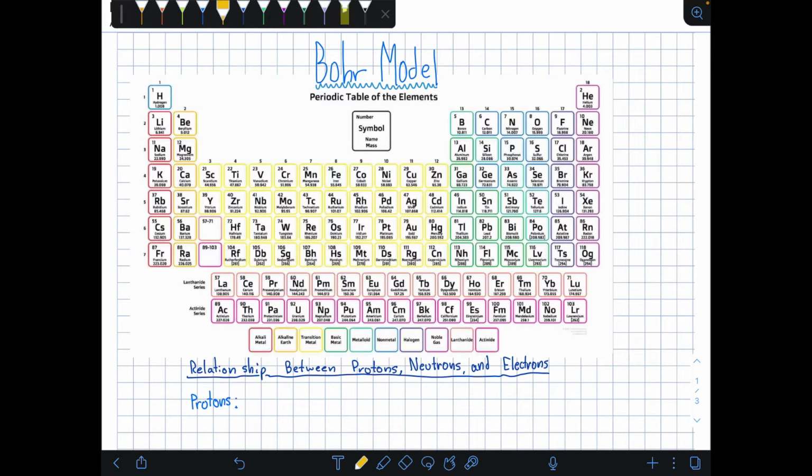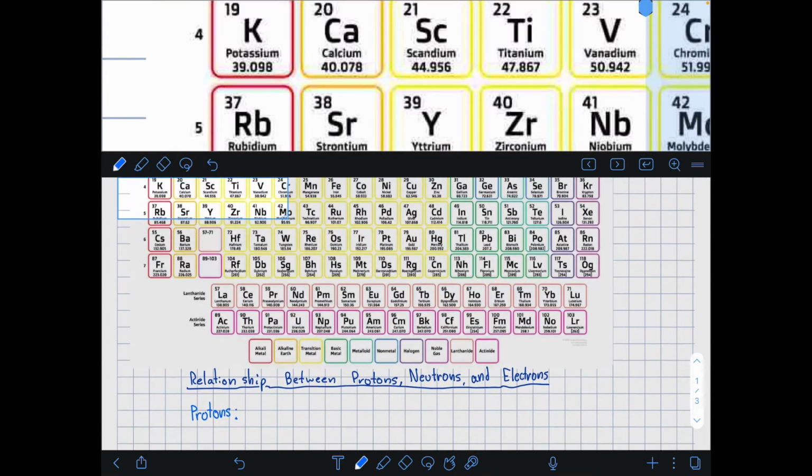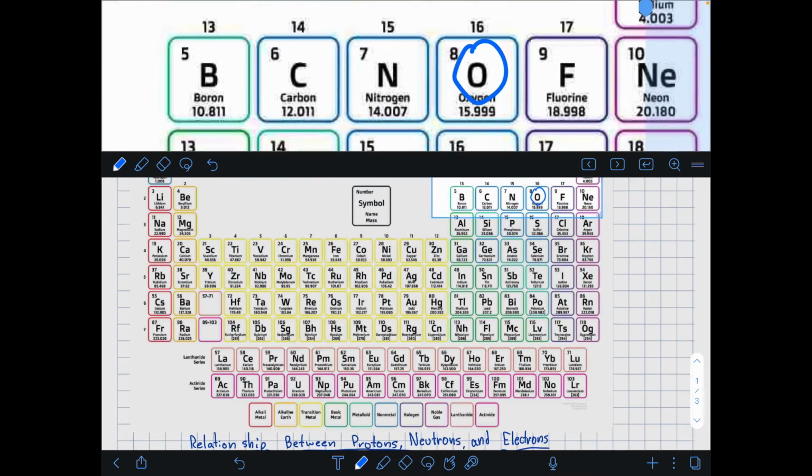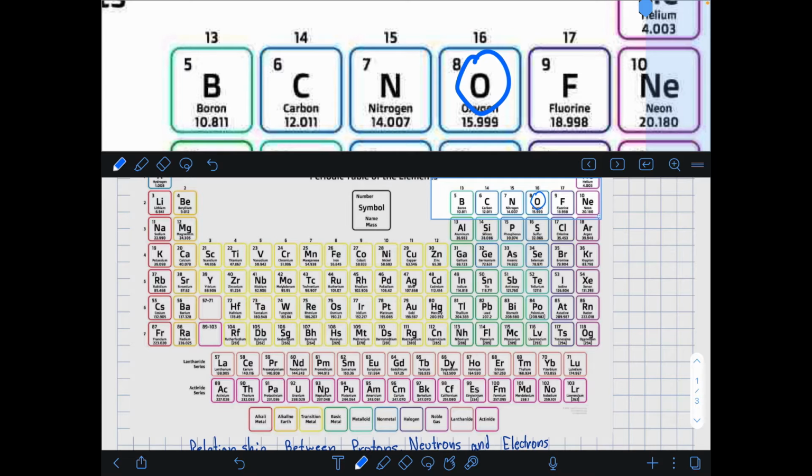I'm just going to use oxygen as my example here. So oxygen, right here you have your symbol, and let me just zoom in so you can see. Here you have your symbol. Right here is your atomic number, and here is your mass number.